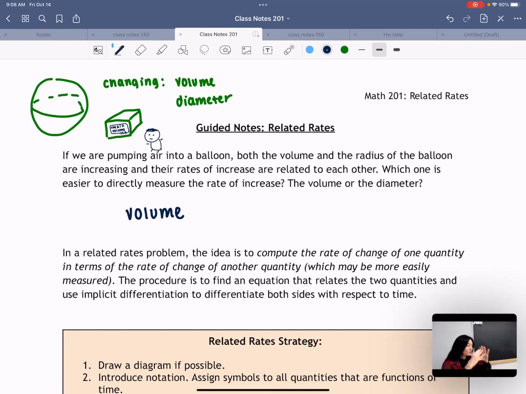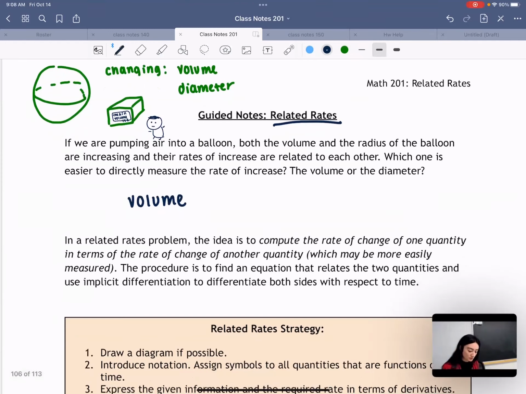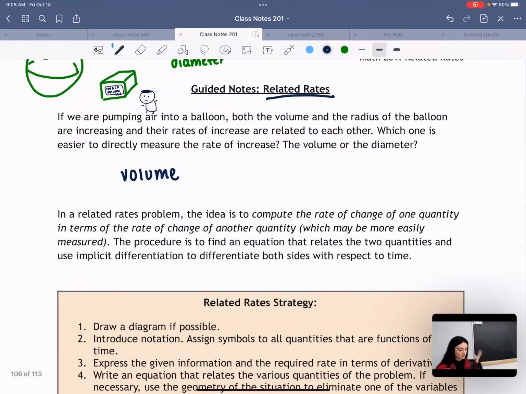The whole idea behind this is this concept called related rates, which are basically word problems involving derivatives. So related rates in general is when we want to find the change in one thing, if we already know the change in another thing. Okay, maybe we can relate them together and find what the change is.